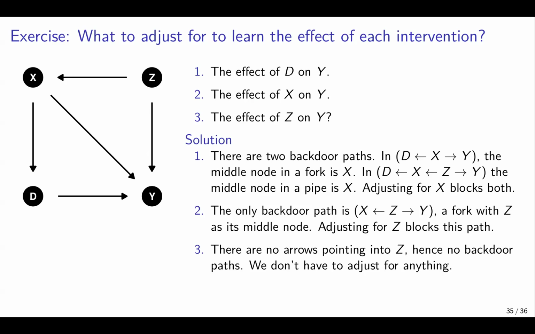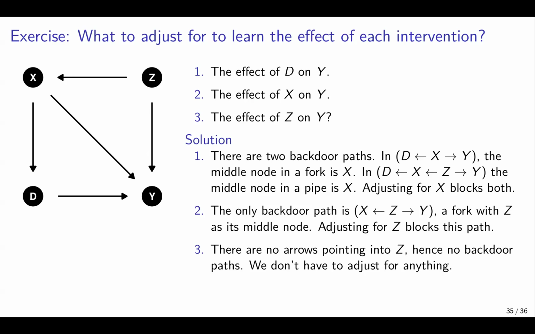So that's one backdoor path. Let's look at that backdoor path, d to x to y. Well, that is a fork, and the middle node in that fork is x, so we could close that path by conditioning on x.